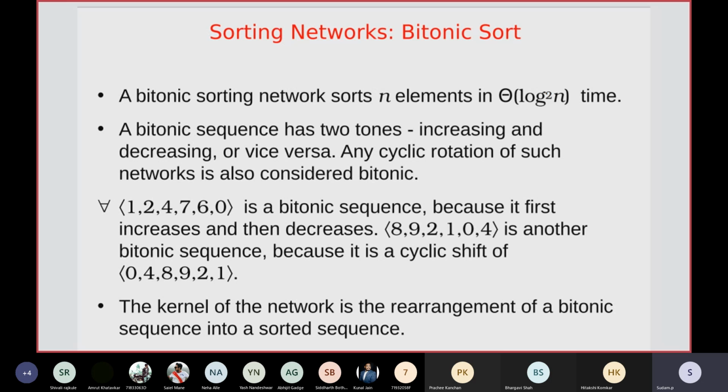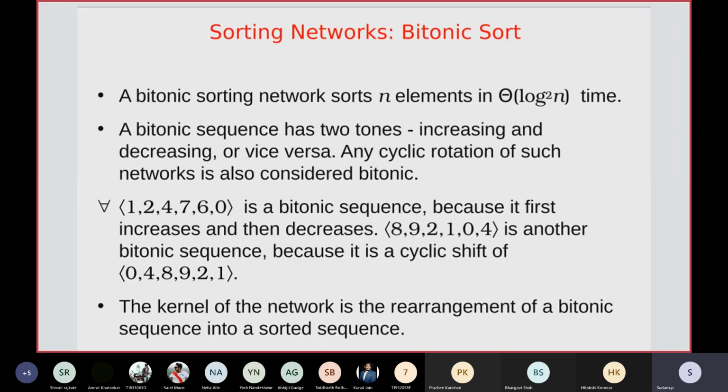Why is this sorting called Bitonic sort? Because the sequence of elements is either in a cyclic sequence order, for example 1 2 3, then again 1 2 3, followed by 1 2 3, followed by 1 2 3.